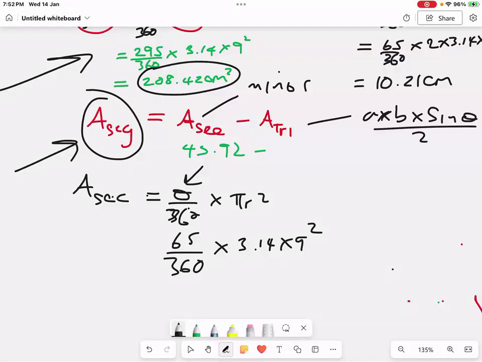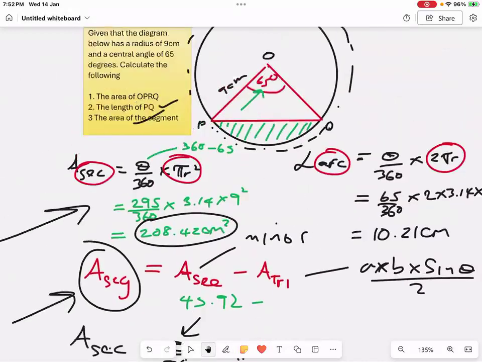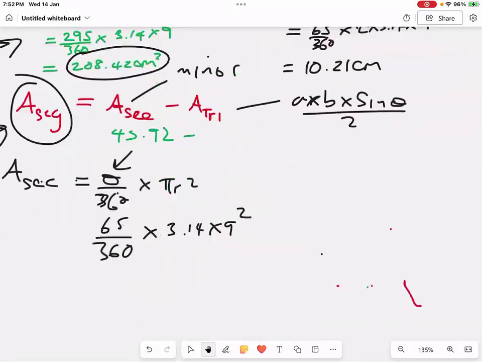A and B are the two sides that we have here, 9, and we also know that this is 9 as well, because it's a radius, so both sides are equal. So it's going to be 9 times 9 times the sine of 65 divided by 2.